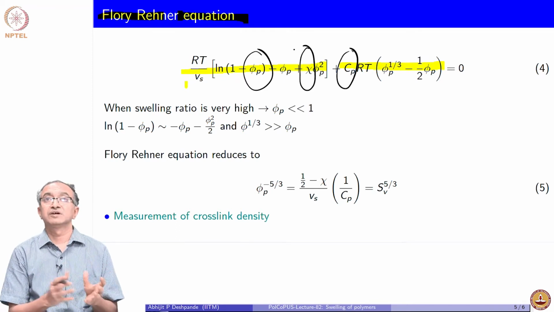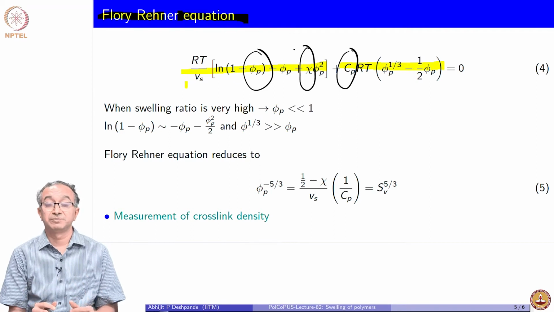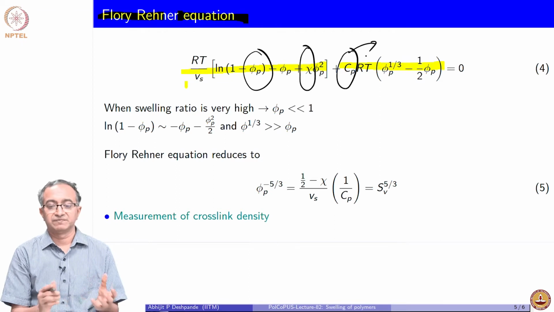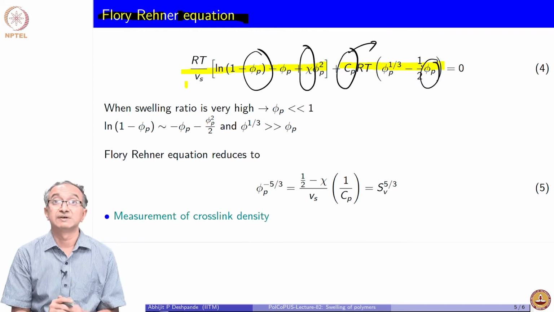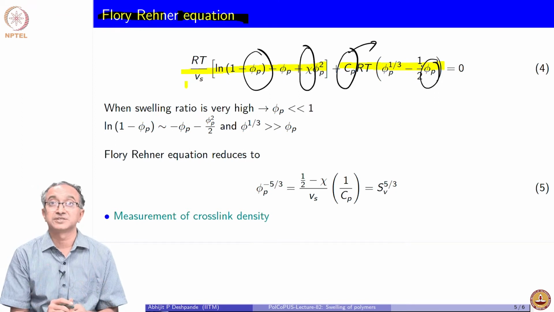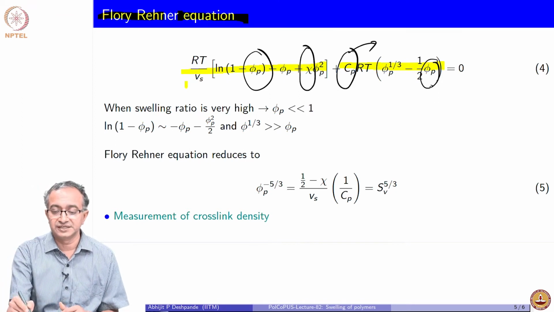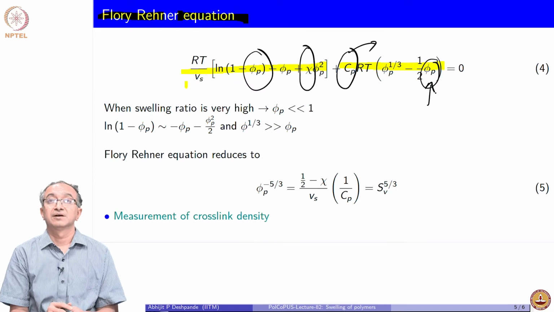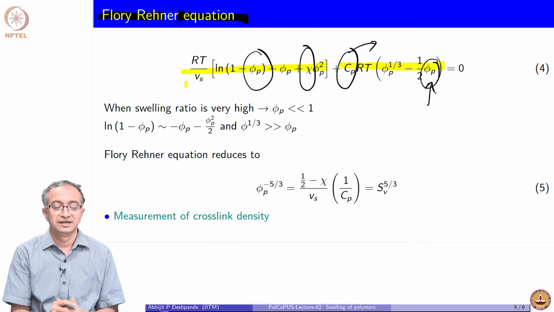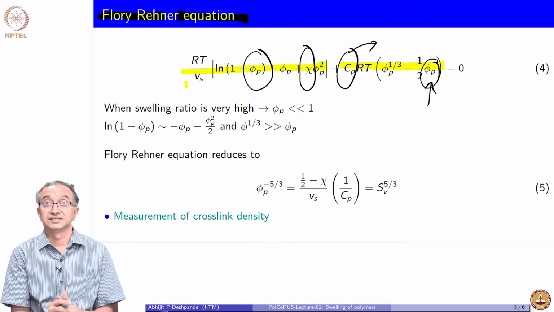So, knowing a solvent polymer system and its interaction parameter, and if we know what is the crosslink density, we can find how much is the swelling, or we can do the problem in inverse way, where we make a polymer sample, we do not know the crosslink density, but we can measure the swelling by looking at the weight change that happens in the material, and therefore we can estimate the crosslink density.